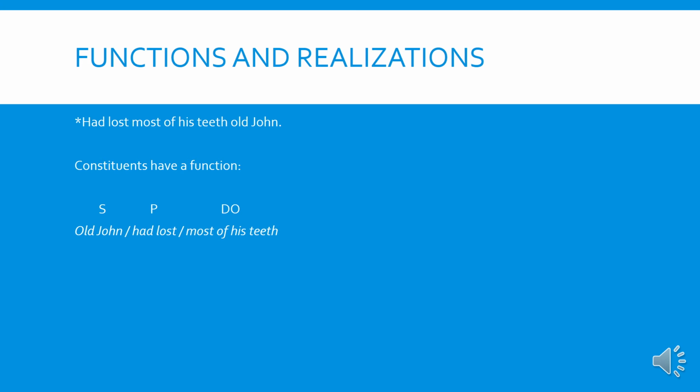Old John is a constituent which functions as a subject. The subject is the part of the sentence that tells who does the action, or what does the action in most cases. So that should always go at the beginning in English. So Old John here functions as the subject and therefore should go at the beginning.